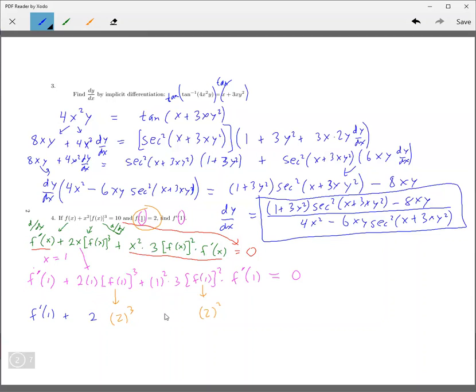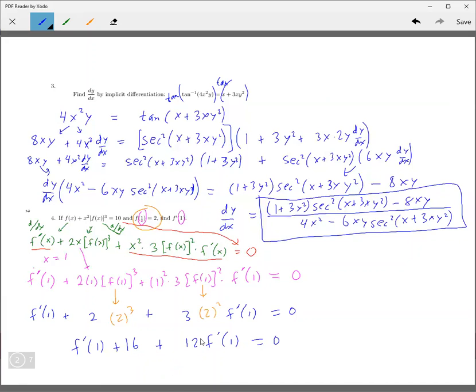And so this is 2 plus, and this is going to be 3. That's equal to 0. Okay. So let's see what we got. We got f prime of 1 plus, this is going to be 16. And this is going to be 12 f prime of 1. That all adds up to 0.